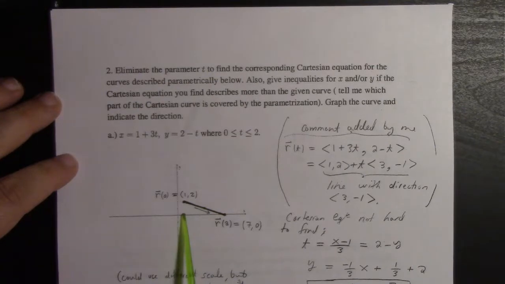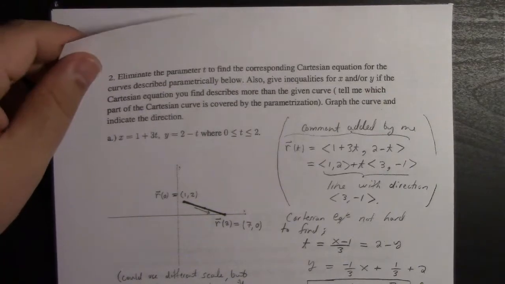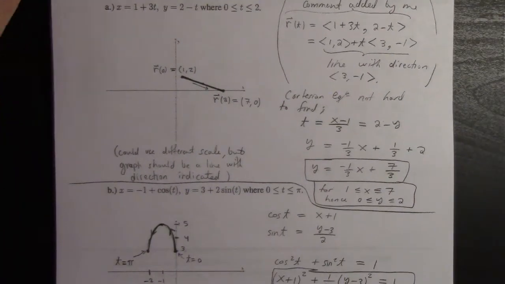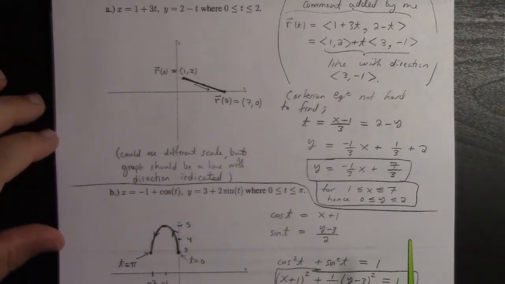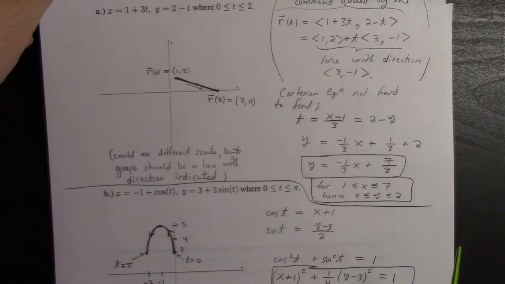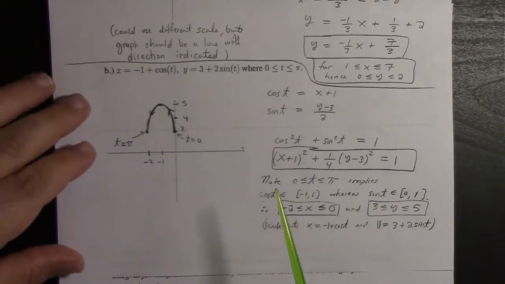And you can see from here that 1 is less than or equal to x is less than or equal to 7, and 0 is less than or equal to y is less than or equal to 2. These are inequalities that hold for x and y here. Sorry, I think I might have been off the edge of the paper there. There it is. Of course, these are posted on the resource page in case you ever can't see something that I'm talking about.